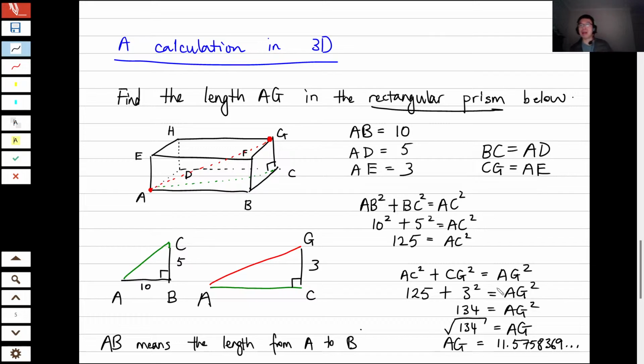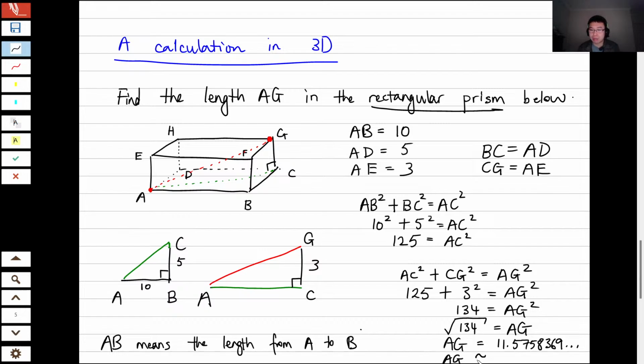This is called an irrational number. The decimal digits go on forever and there's no pattern. What we usually do here is we have to approximate this number. So we'll round. If you're doing a test, you'll be told how much to round. A good rule of thumb, if you're not told, is to round to 2 decimal places.